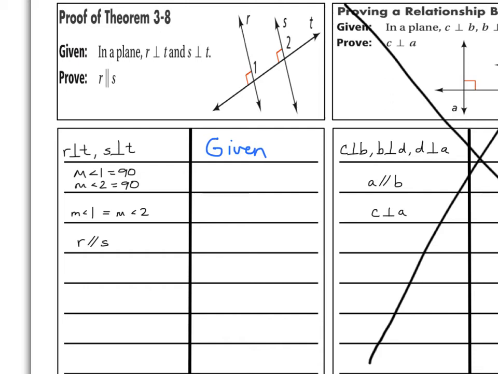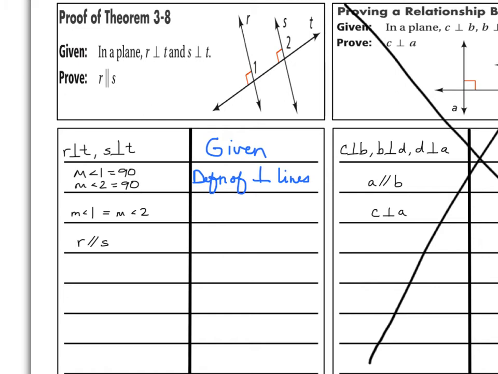Now, how do you know that angle 1 and angle 2 are equal to 90? The reason you know that is because of what we call the definition of perpendicular lines. Some of you may have put in there, well, because they're corresponding angles.